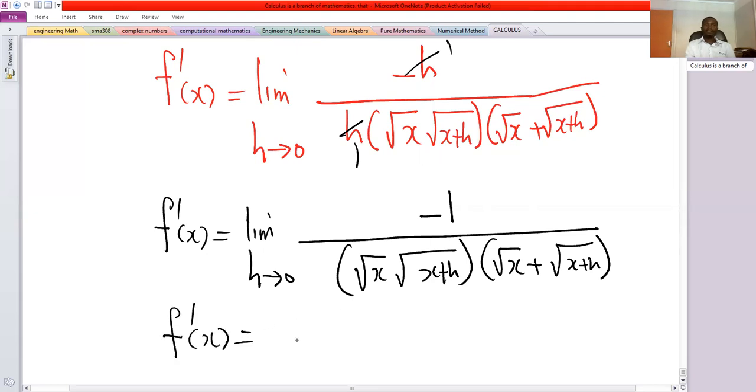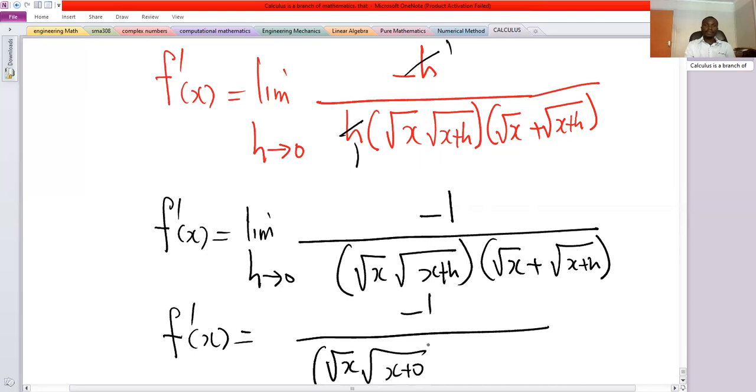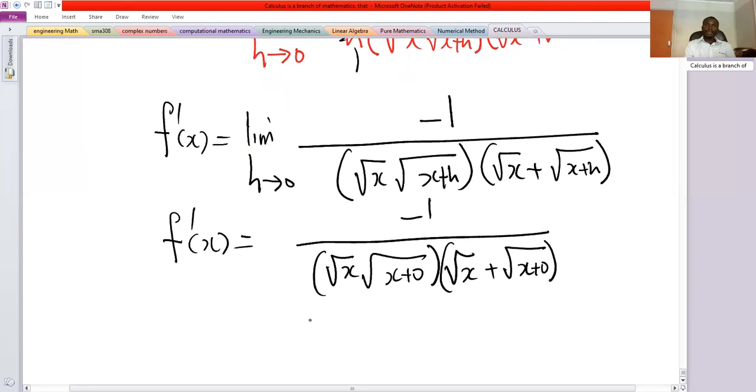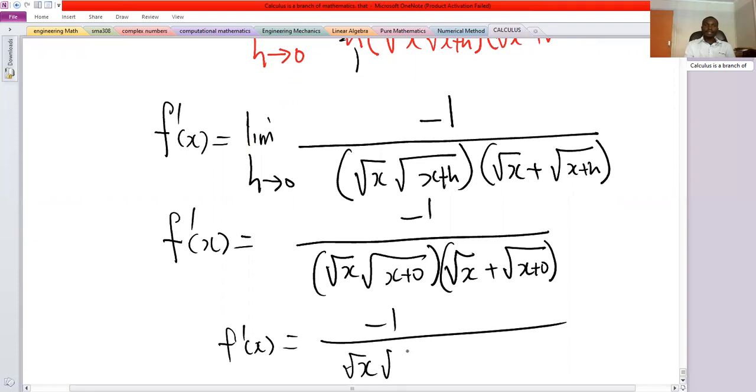So we'll have -1 over root of x plus 0, root x plus root of x plus 0. So simplifying, we get f prime of x will be -1 over root x times root x, and then root x plus root x.